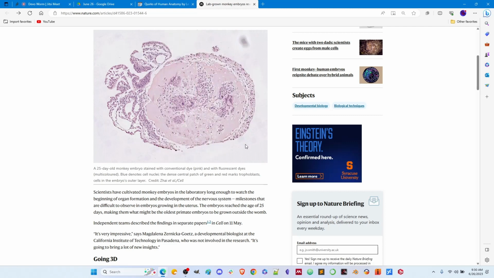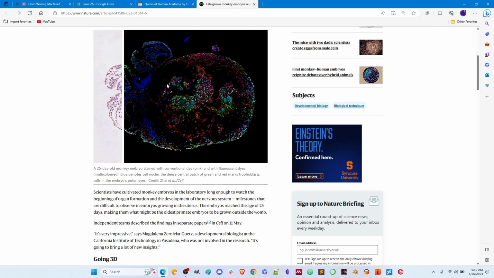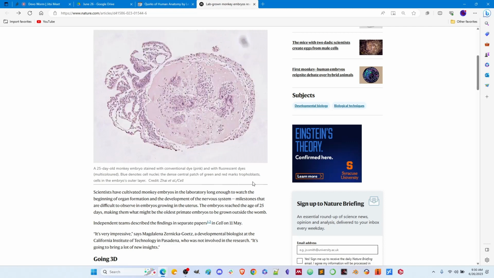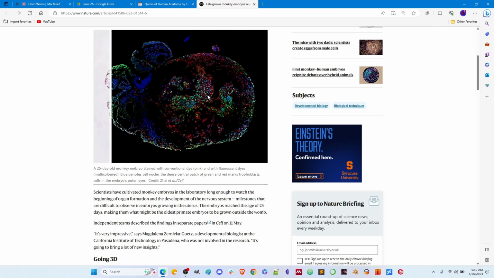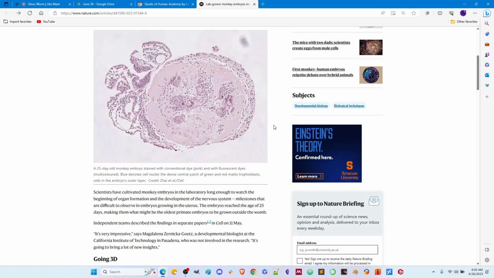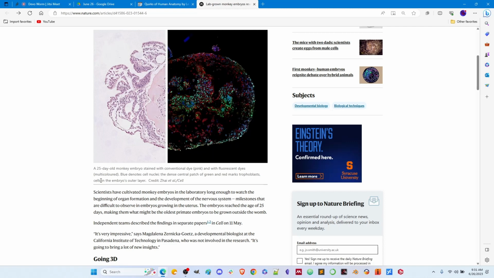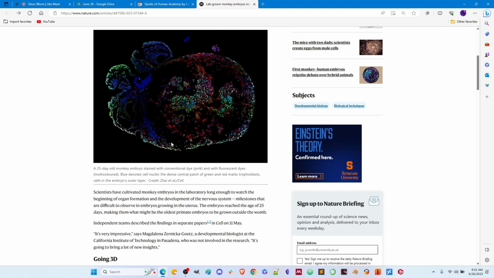The dense central patch of green and red mark trophoblasts. So you can see the cells as blue, and then these trophoblasts as green and red. Let me do it again. Okay, so green and red are in here, and those are the trophoblast cells, which are cells in the embryo's outer layer.